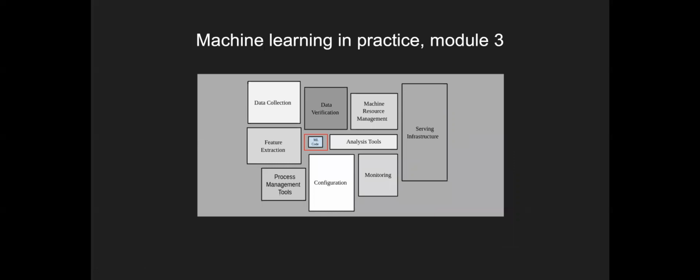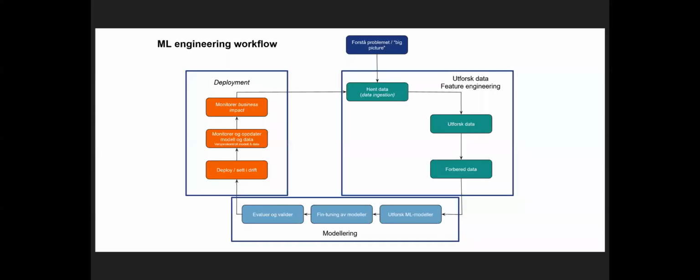So you can see that the machine learning code part is only a tiny component in this large ecosystem. Here is a more complete workflow than we have seen earlier. You start with the big picture to get an understanding of it.